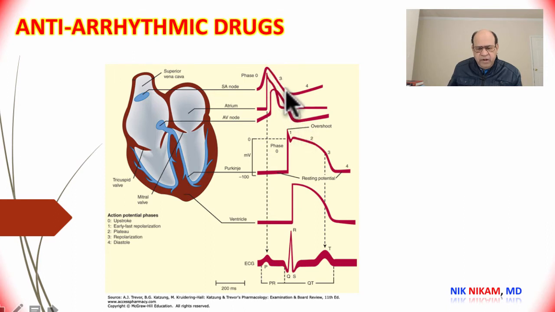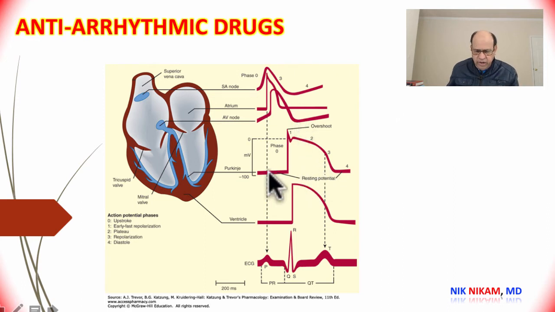Once the repolarization reaches the resting membrane potential, there is a slow leak of electrolytes into the myocardium, which triggers the sinus and the AV node to bring about the next action potential. So they are able to spontaneously maintain a rhythmic action potential at regular intervals.